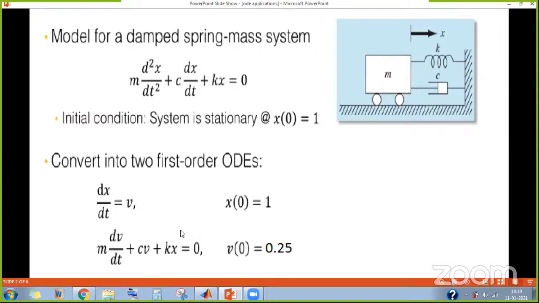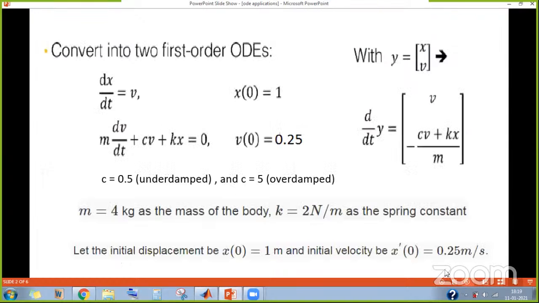And if you remember, Venudar did a session on how to solve ODEs using the Euler method and a MATLAB function called ODE45. So once again, we'll be looking into how to solve them. We have converted our second order ODE into two first order ODEs.